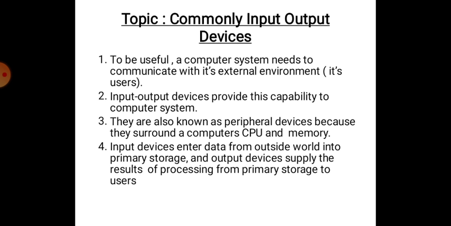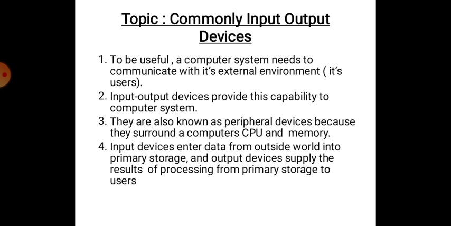Since CPU plus memory forms the main system, and input and output devices are connected to this main system, they are called peripheral devices, because the job of input and output devices is just to carry out the input function and output function.